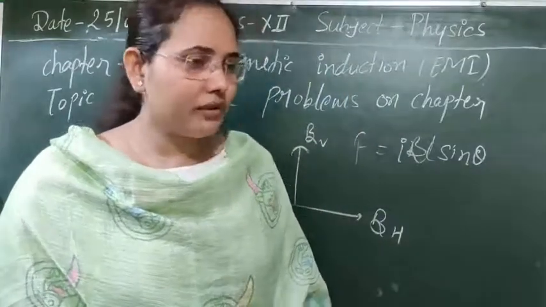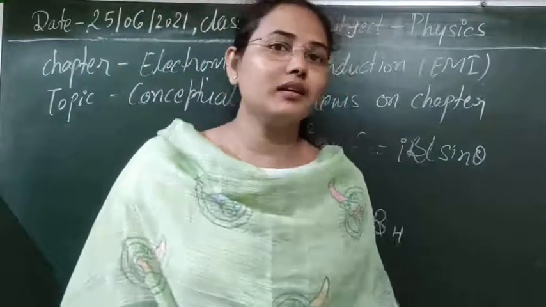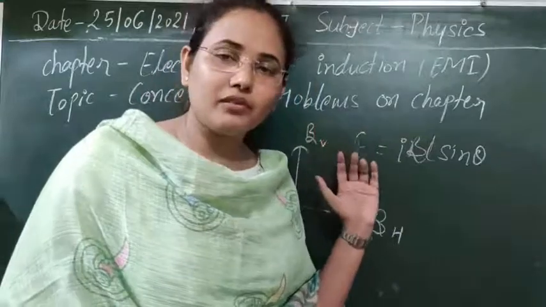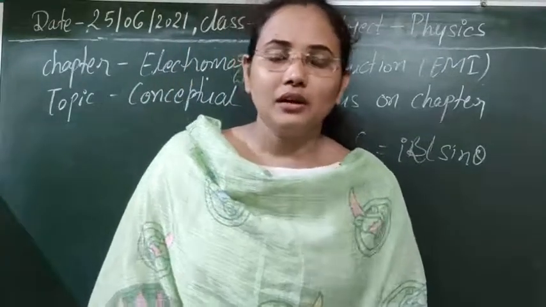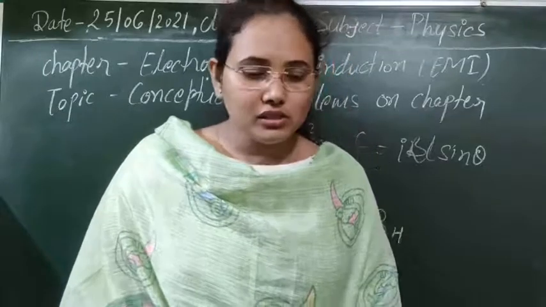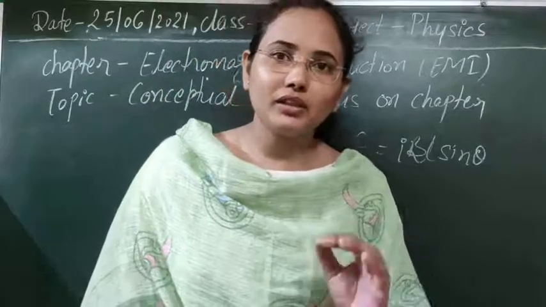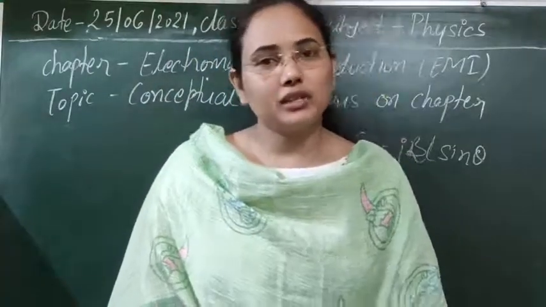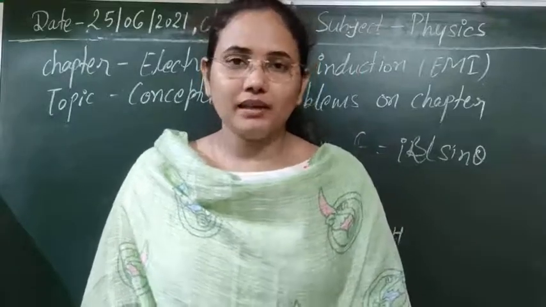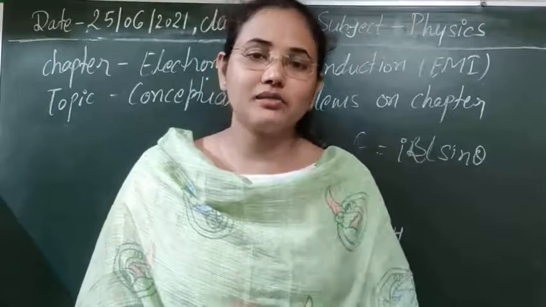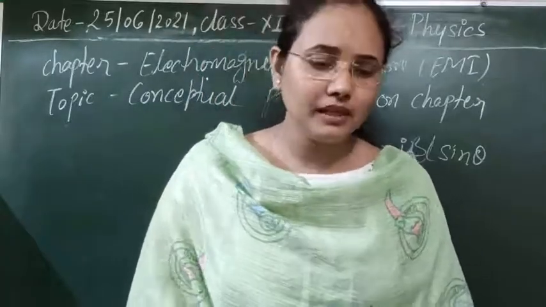For east to west, the answer will not be affected, because again it will cross this vertical component of the magnetic field, and due to that there is a change in flux. Very simply, whenever the flux changes, the change in magnetic flux gives rise to the induced EMF. So I think this is clear.